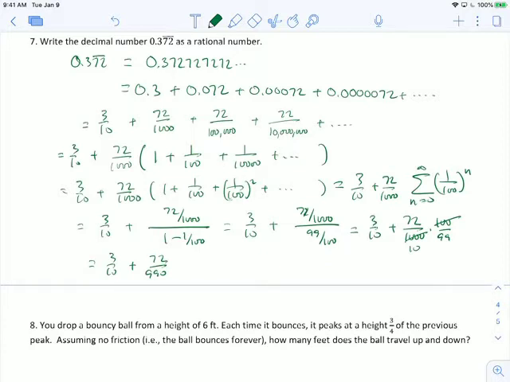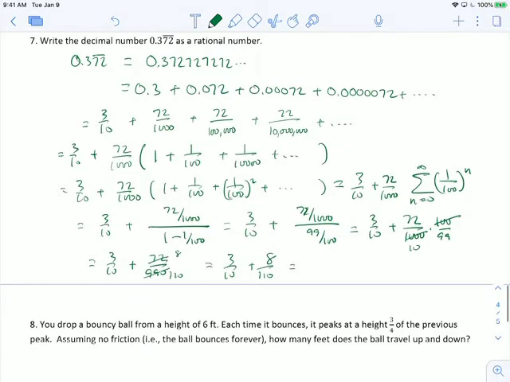If I'm really wanting to do this, notice that 72 is a multiple of 9, and so I can cancel out a 9 from both numerator and denominator. I'm going to leave that this way. I could reduce it further, but I would just have to take it back up again, because now I've got 10 and 110.